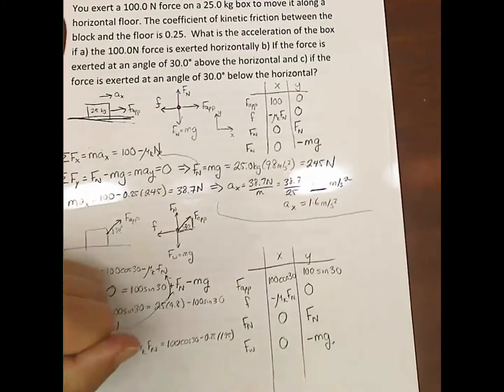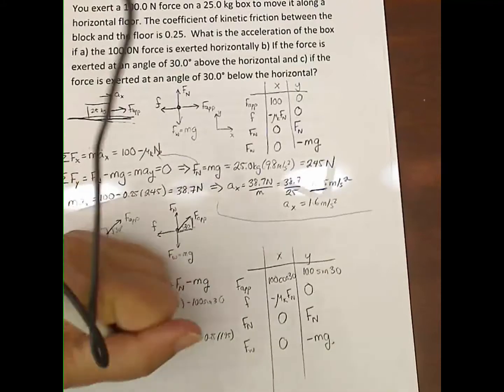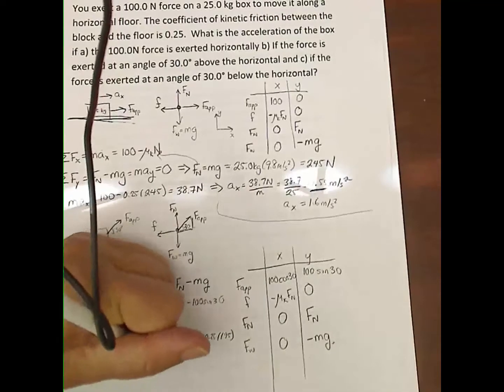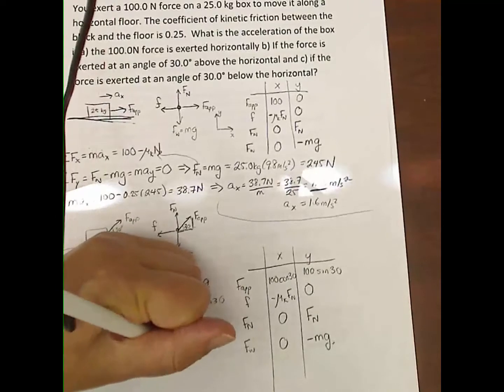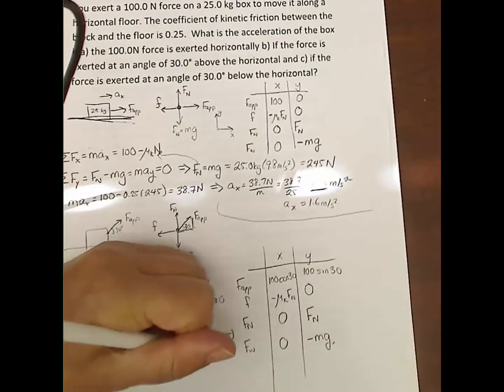And I get 37.85 newtons is equal to the mass times the acceleration. So my acceleration is equal to 37.85 divided by the mass, 25.